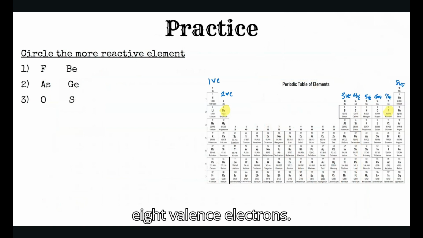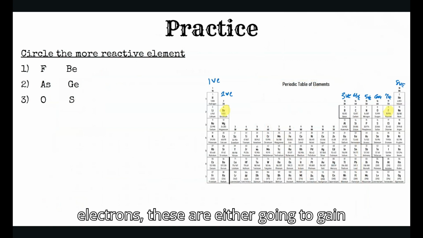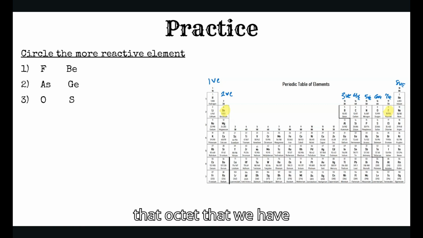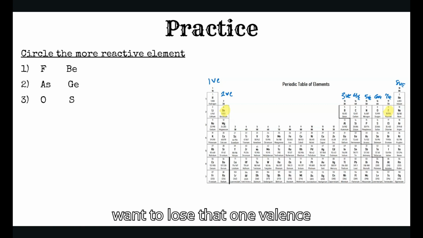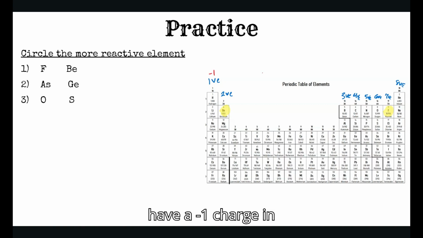Now, based off of the number of valence electrons, these are either going to gain or lose electrons in order to achieve that octet that we have. So, everything in group one is going to want to lose that one valence electron, and so these will typically have a positive one charge.